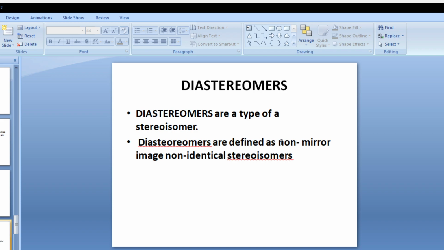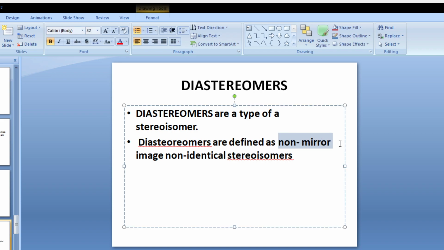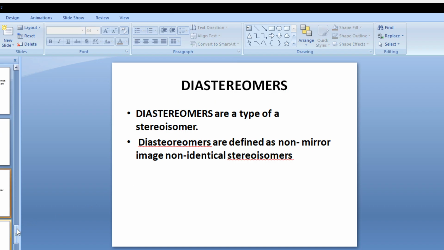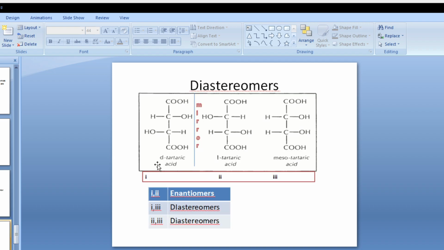They are basically non-mirror images. They are non-identical stereoisomers you can say, and they are non-superimposable also. Here also superimposability is not possible, but more than one stereocenter will be there. Just have a look at this molecule, tartaric acid, the most familiar example, a dicarboxylic acid.